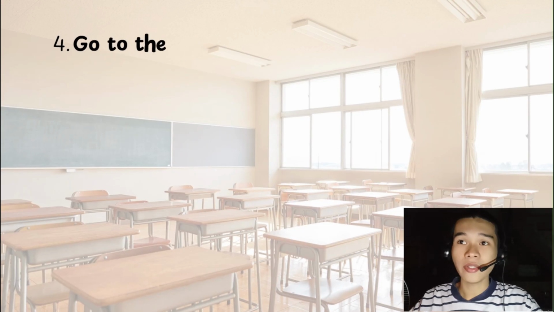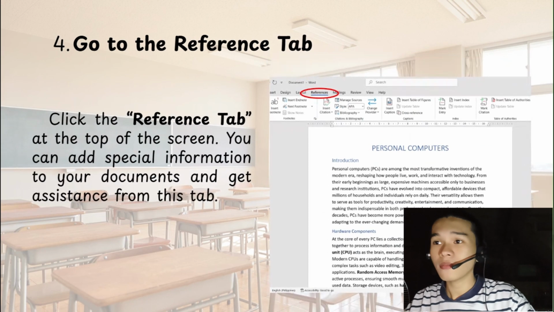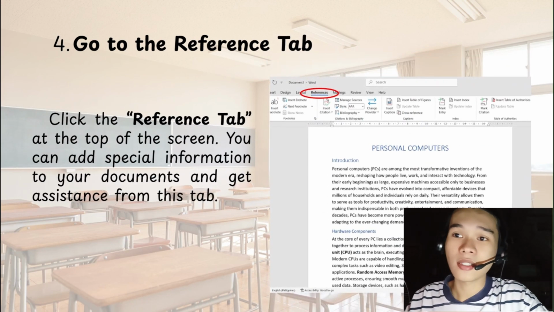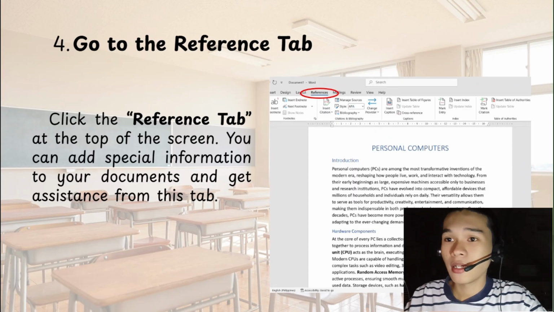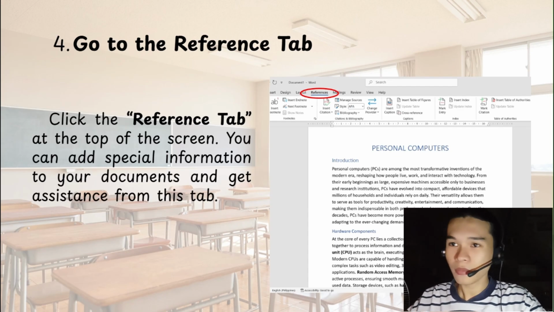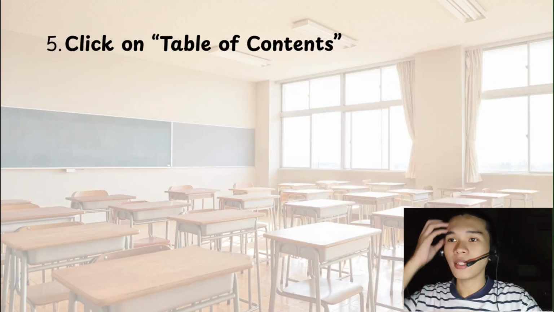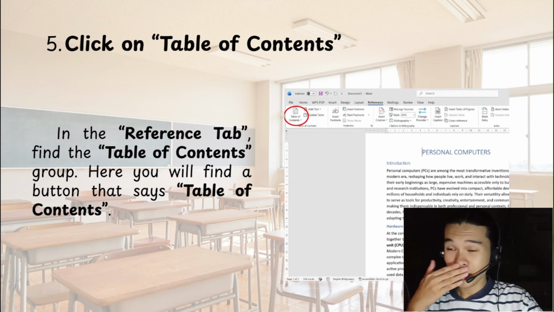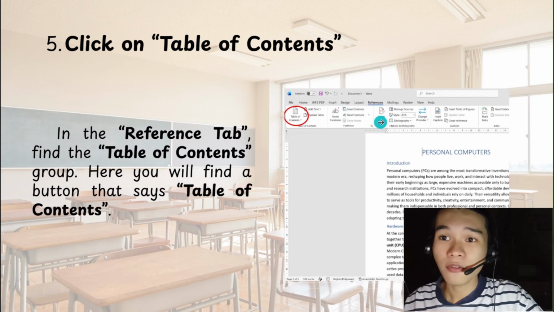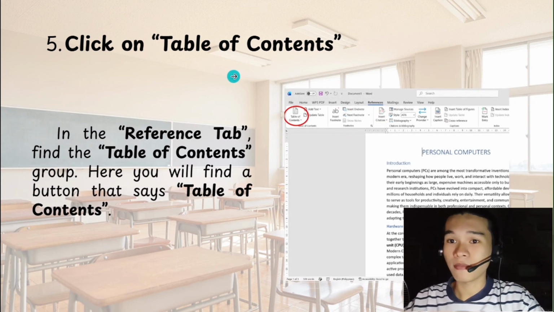Next is go to the References tab. Click the References tab at the top of the screen. This is located in the middle of the Layout tab and the Mailings tab under the ribbons. Next, click Table of Contents. This is located in the upper left of the References tab.